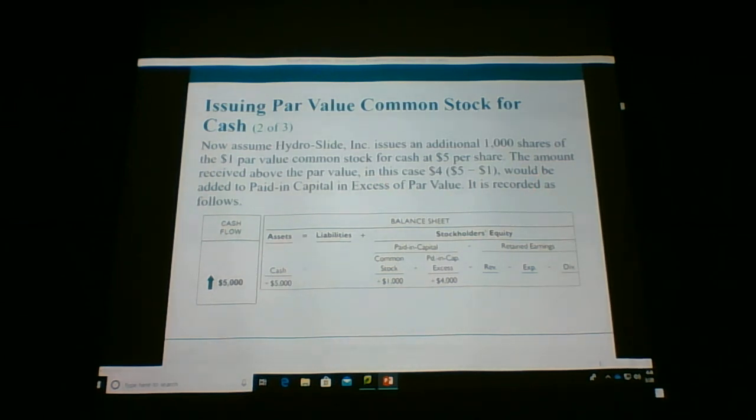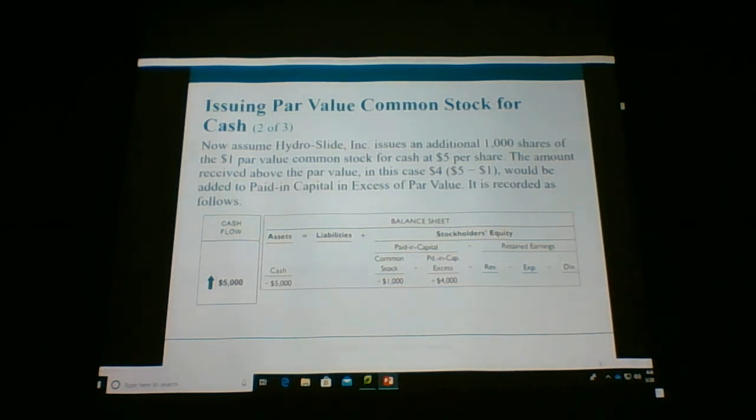They've sold stock for $5,000, so cash is going to go up by $5,000. Hopefully that makes sense. Common stock goes up by $1,000 because they had 1,000 shares at $1 par value per share. But we have to account for that other $4,000 that we got, otherwise our accounting equation is going to be a mess.